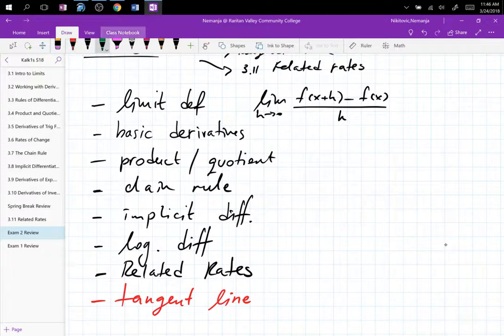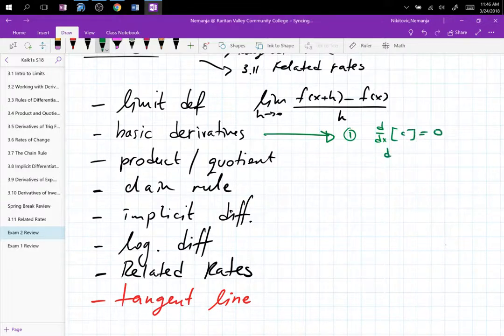All right, so now what's in the basic derivatives? So that breaks down into 1, 2, 3, 4, right? So you have the derivative of a constant is 0. The derivative of x to the n is nx to the n minus 1. Then go through e to the x and everything else into trig. The inverse trig, make sure you know inverse sine and inverse tangent.